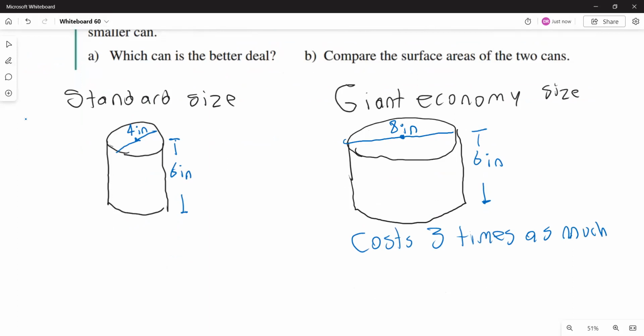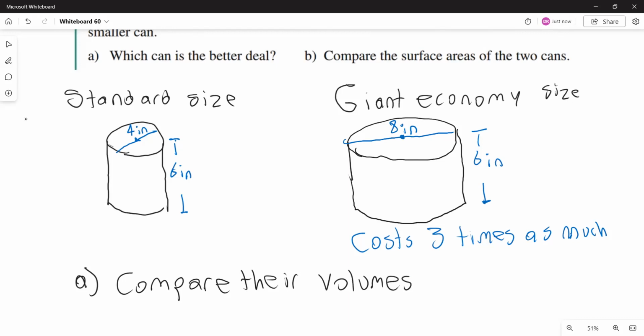Okay, so to determine which one is the better deal, we're going to compare the volumes. If the giant economy size gives you more than 3 times as much product, then that one is going to be the better deal.